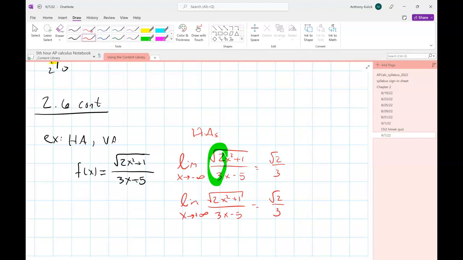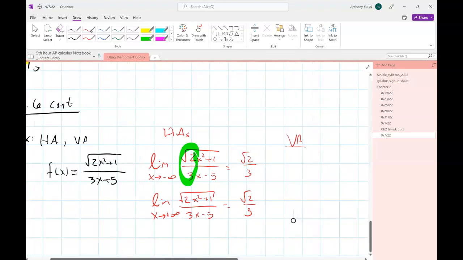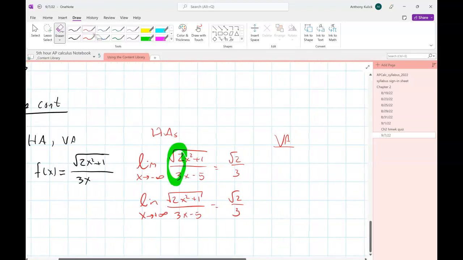Yep. If I want the vertical asymptote, what type of function am I working with? It's kind of like a rational function, right? At least that's the part that is really concerning to me. I notice that the numerator will be defined over its entire domain, even though that's a square root function.